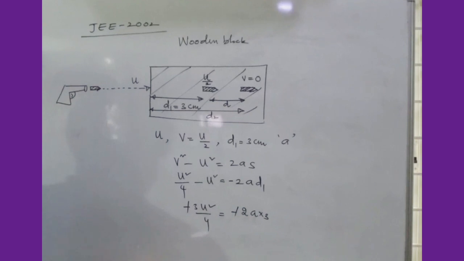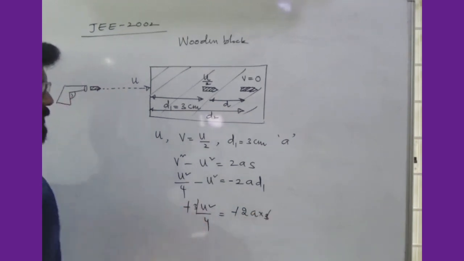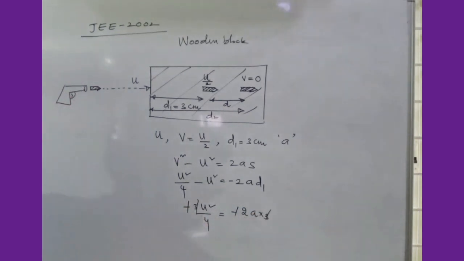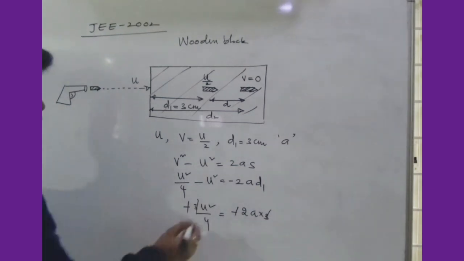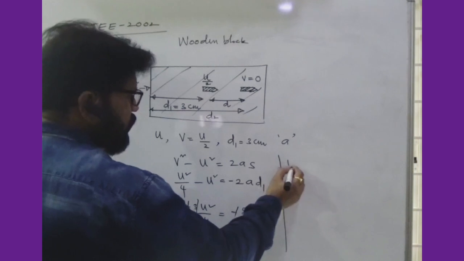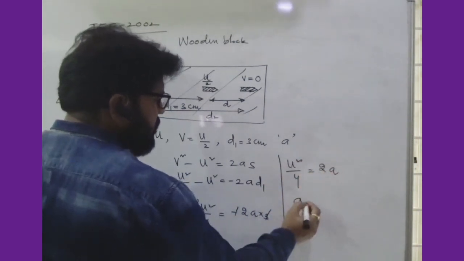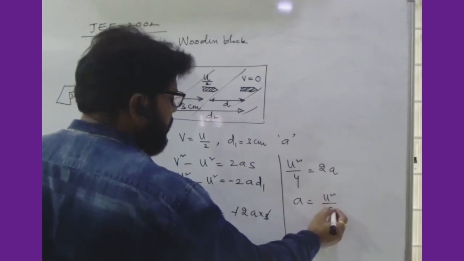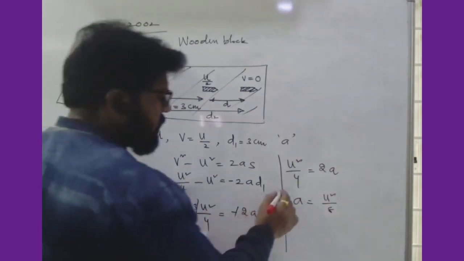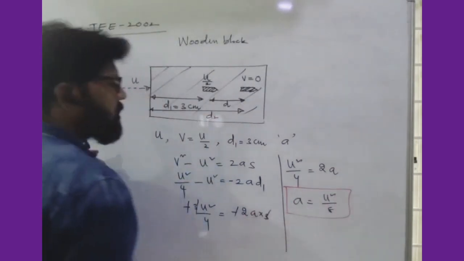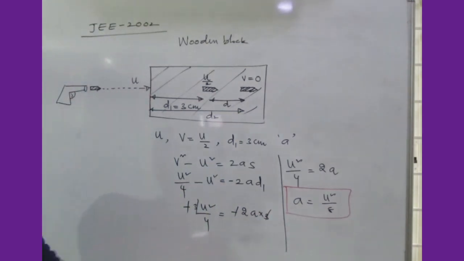Minus, minus gone. So what I am getting here, can you tell me, 2a is equal to 3u square by 4, or acceleration a is equal to 3u square divided by 8. So this is the acceleration, the retarding acceleration, or retardation.